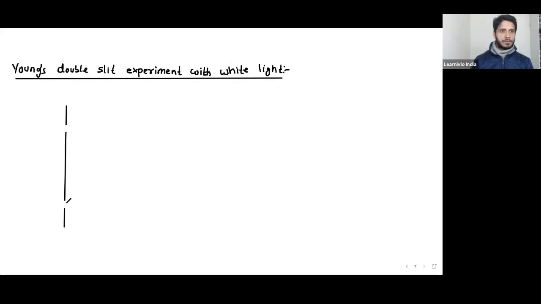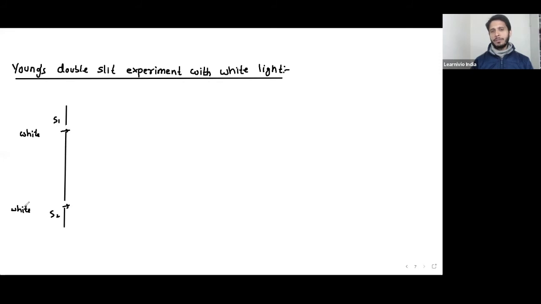This is another slit S2. Earlier, when we studied Young's double slit experiment, the light coming from source S1 and source S2 was monochromatic. Monochromatic means of a single wavelength. It means if red color is coming from here, then red is coming from here, no other color. But now I'm saying the light is white.